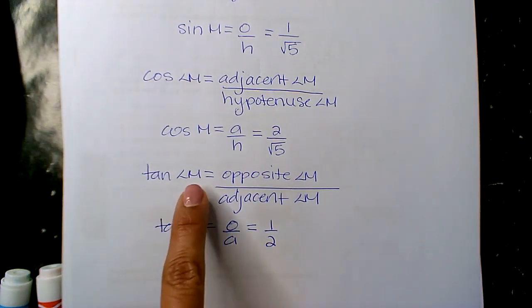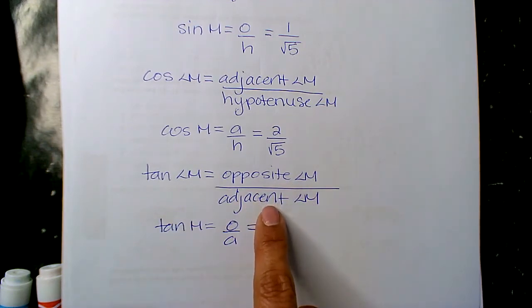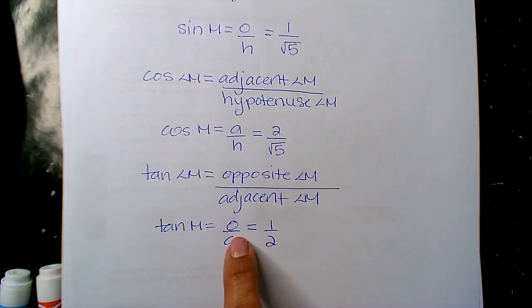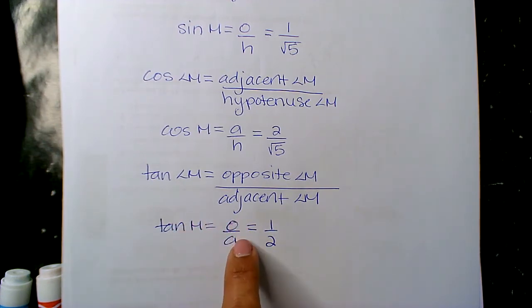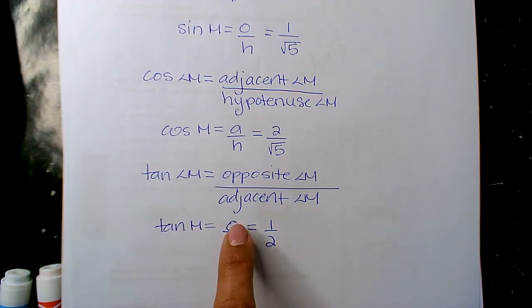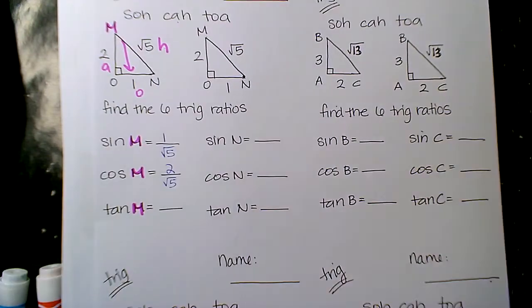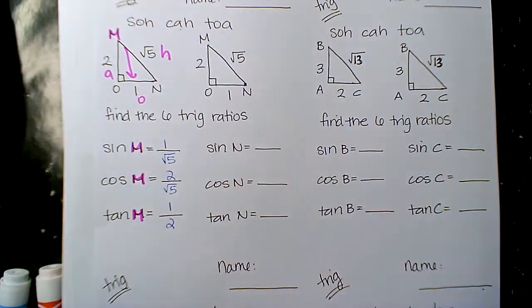Tangent of angle M is the leg opposite to angle M over the leg adjacent to angle M. What does that stand for? It's TOA. Tangent, opposite, adjacent. So what's O over A? 1/2. So TOA, O over A, 1/2.